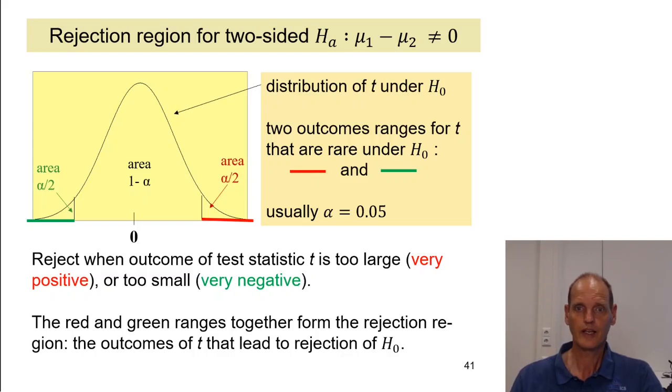So we say reject when the outcome of the test statistic t is too large or too small. And the red and the green region have then to be found based on the table value in table 2 of Ott and Longenecker.